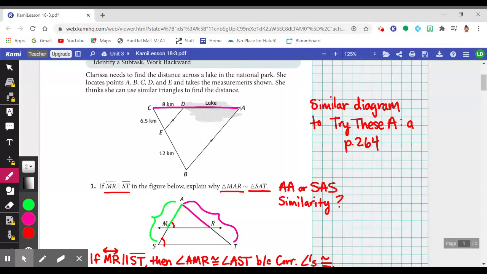So we're going to find how this theorem helps us find the distance from D to A a lot quicker. So the first thing we had to know, in this example, very similar to our national park example, is that the two triangles were similar. Remember in lesson 18.2, we first have to know if the triangles are similar in order to use proportions to solve for missing sides.